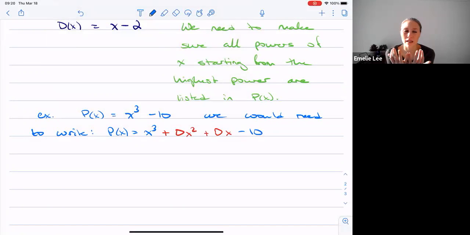You have to fill it in with coefficients of 0, because this is equivalent. 0 times whatever goes to 0, so it goes away, but we need little placeholders for each of these x's. It's really important because it can really mess stuff up when you're doing your division.